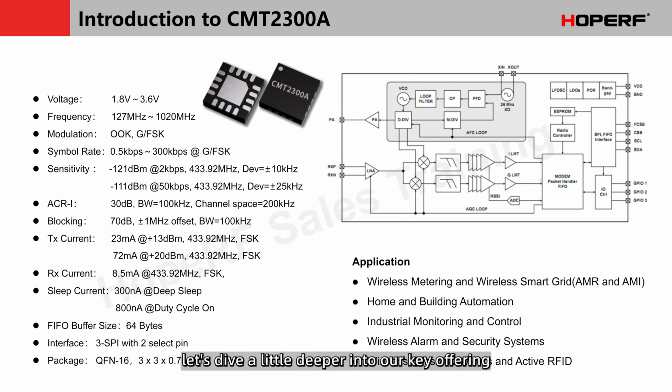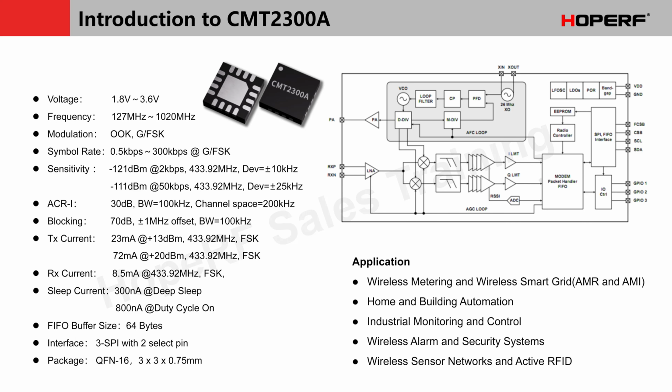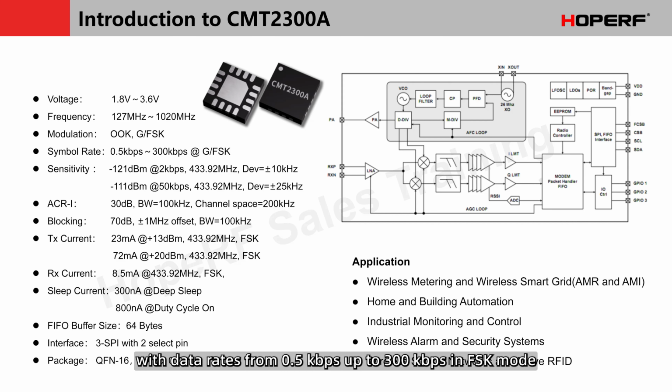Now, let's dive a little deeper into our key offering, the CMT2300A, which is all about grid value. It operates on a supply voltage of 1.8 to 3.6 volts and covers a frequency range from 127 MHz to 1020 MHz. It supports OOK and GFSK modulation with data rates from 0.5 kilobits per second up to 300 kilobits per second in FSK mode.